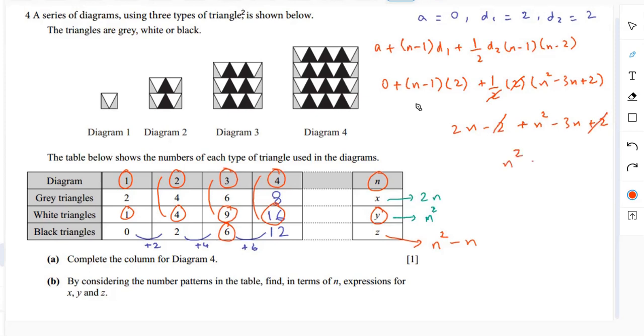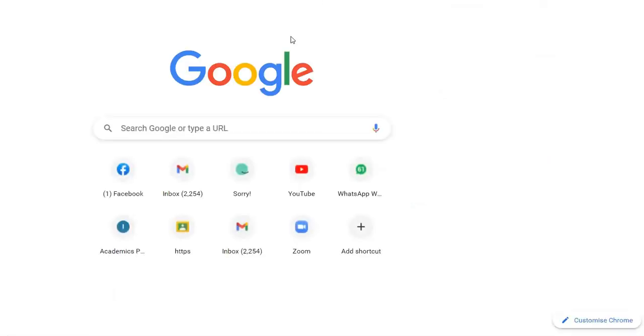We're left with n square minus n. वही आता है, n square minus n ही आता है उससे भी. But of course, it takes some time, takes some working. If you can figure it out directly, that's of course better. Okay, that will of course be better.